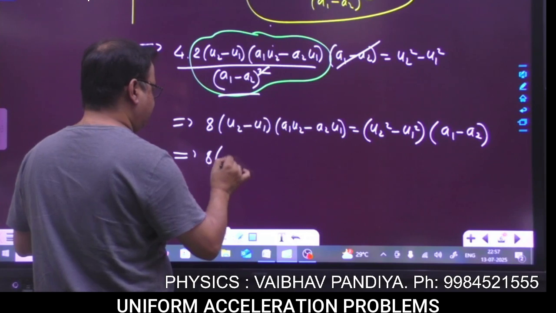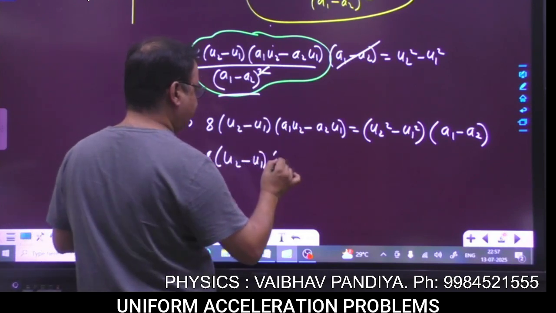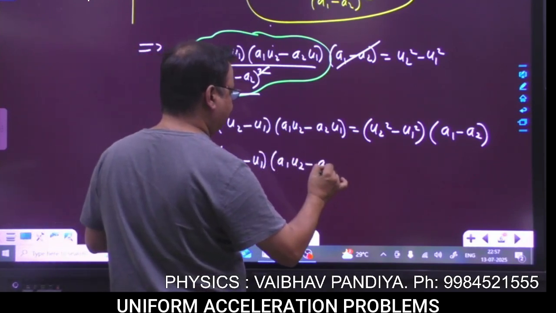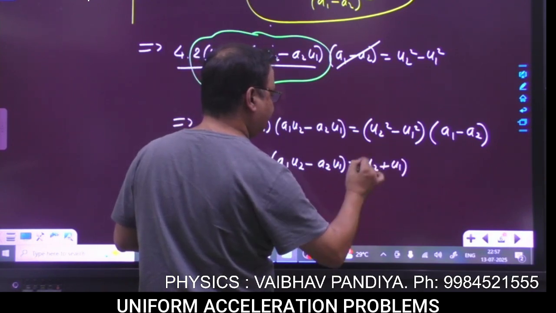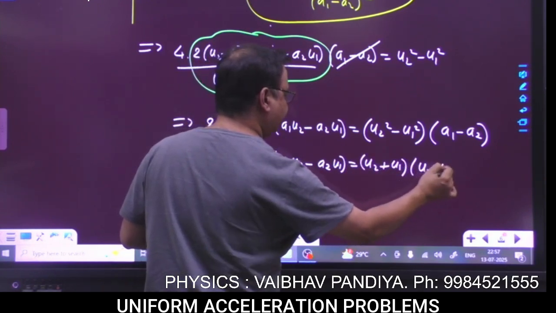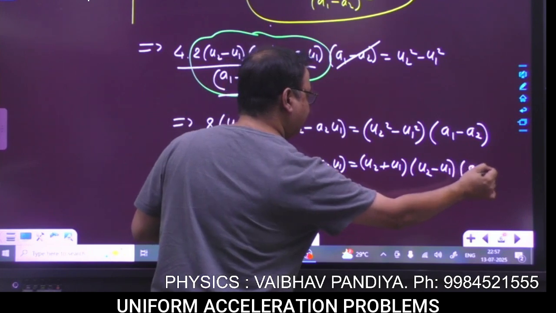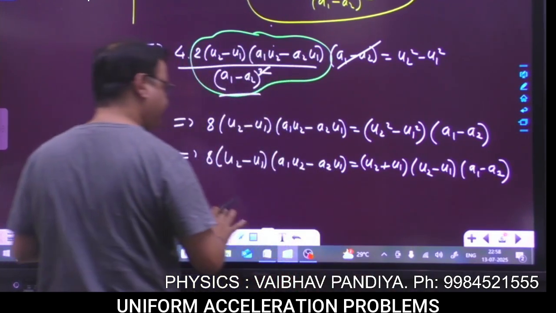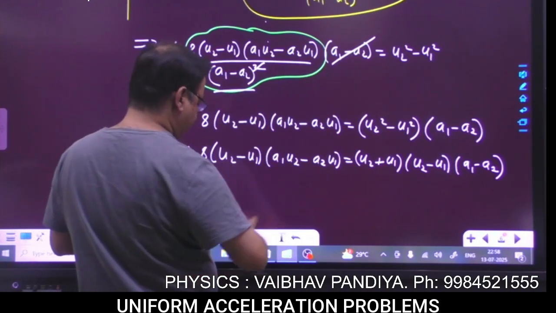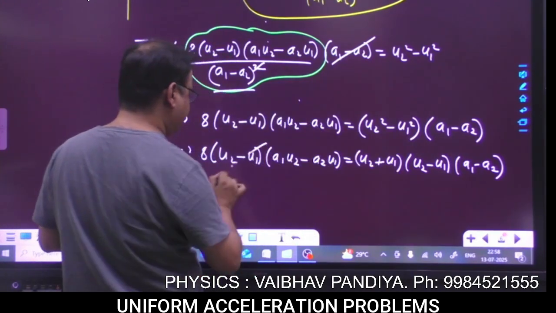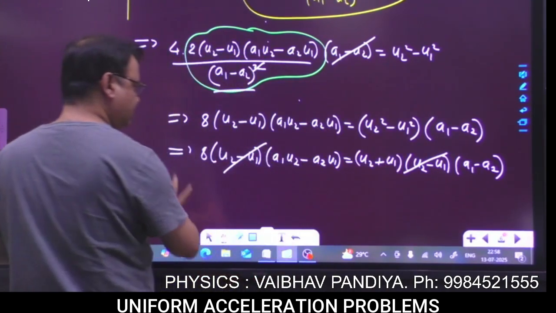So now there is simple maths, nothing else. A1 U2 minus A2 U1 is equal to what? You can write U2 plus U1 and U2 minus U1 multiplied by A1 minus A2, correct? Now we can cancel out U2 minus U1 on both the sides, assuming that U2 is not equal to U1, so it's a non-zero factor.